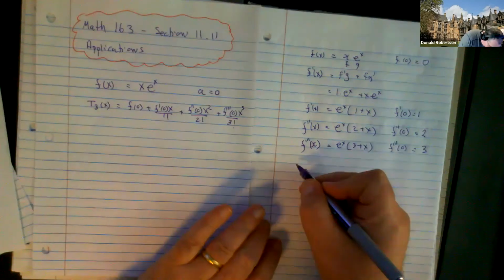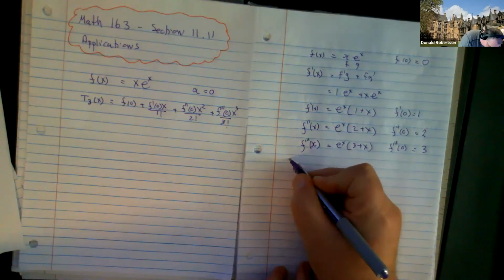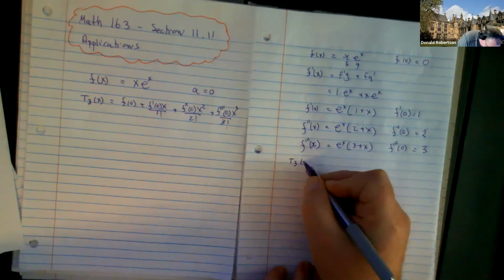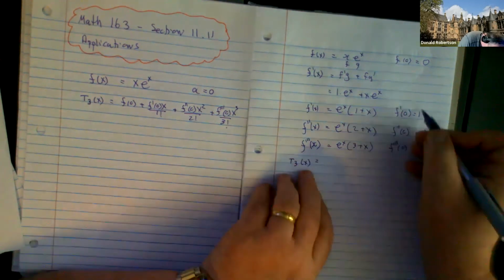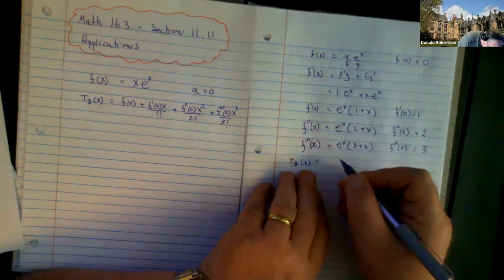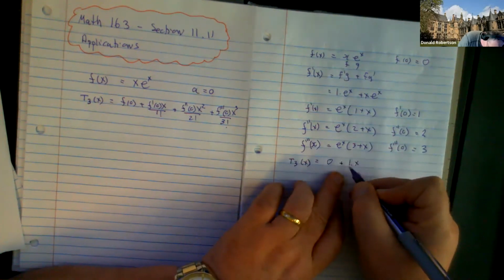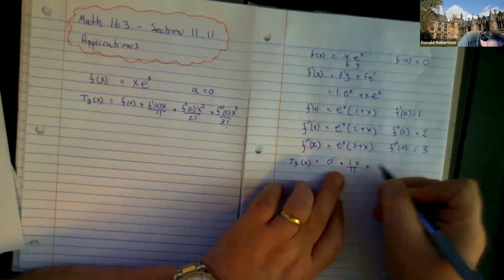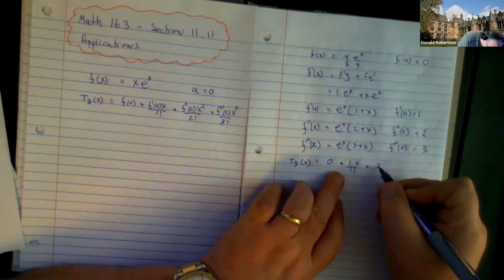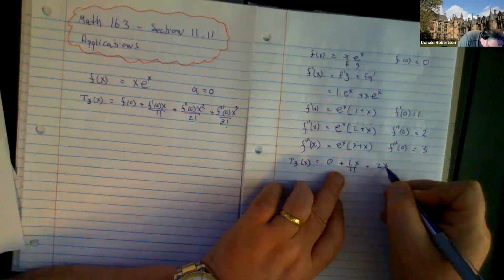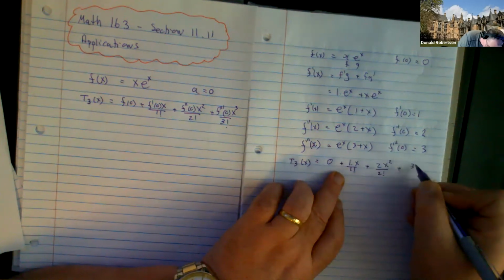So T3 of x is f of 0, which is nothing, plus the derivative, which is 1, x over 1 factorial, plus 2x squared over 2 factorial, plus 3x cubed over 3 factorial.